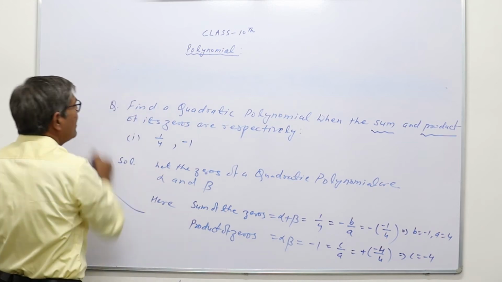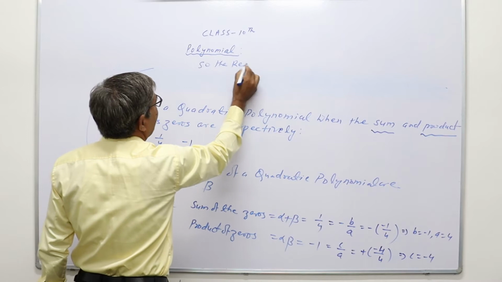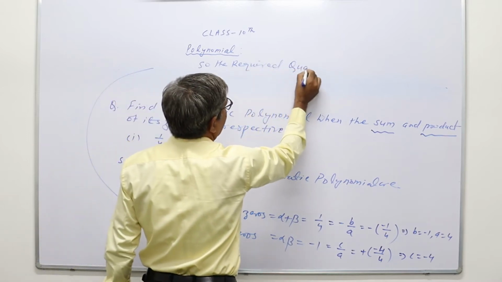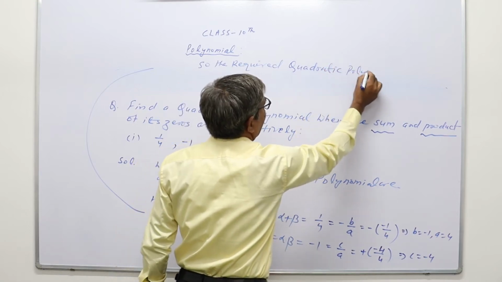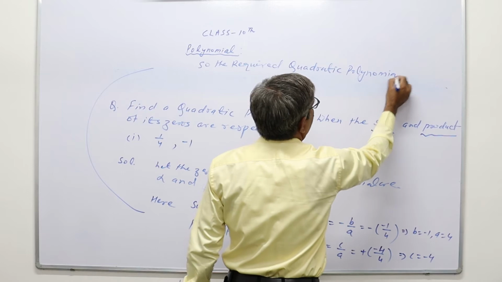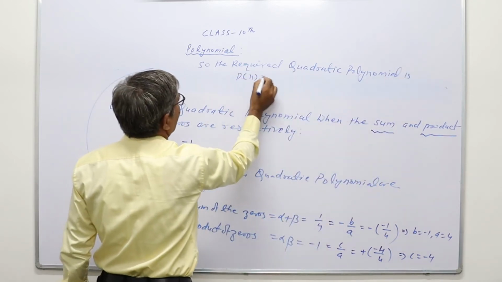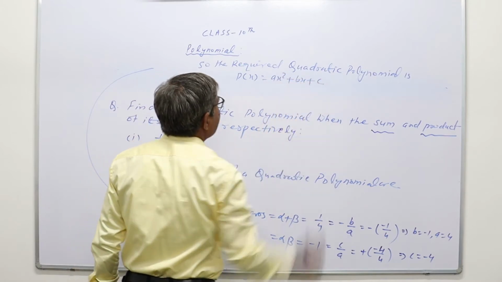next step, the required quadratic polynomial p of x is equal to ax square plus bx plus c.